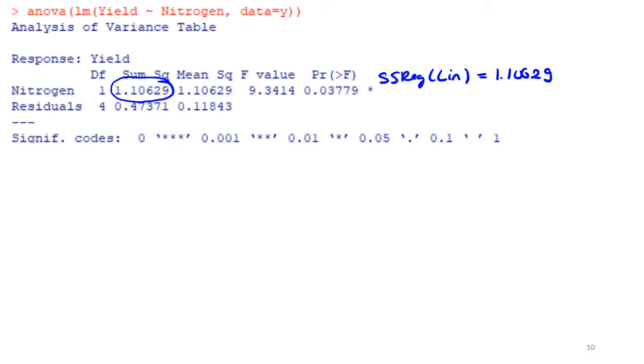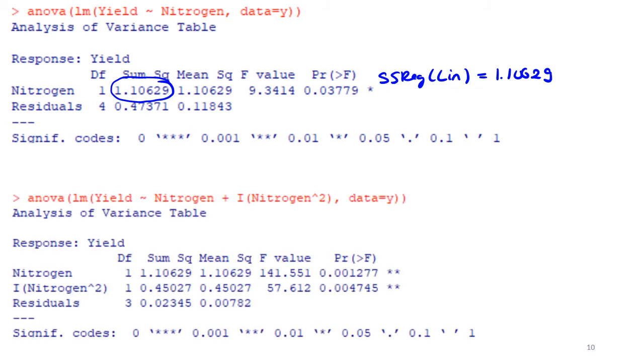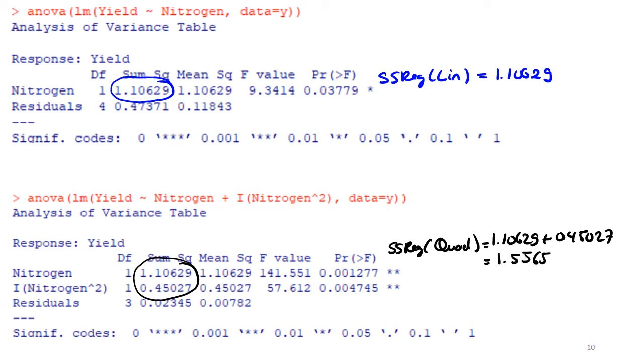Second, we fit a quadratic line and find the sum of squares for this model and the residual mean square. Then we find the F statistics.